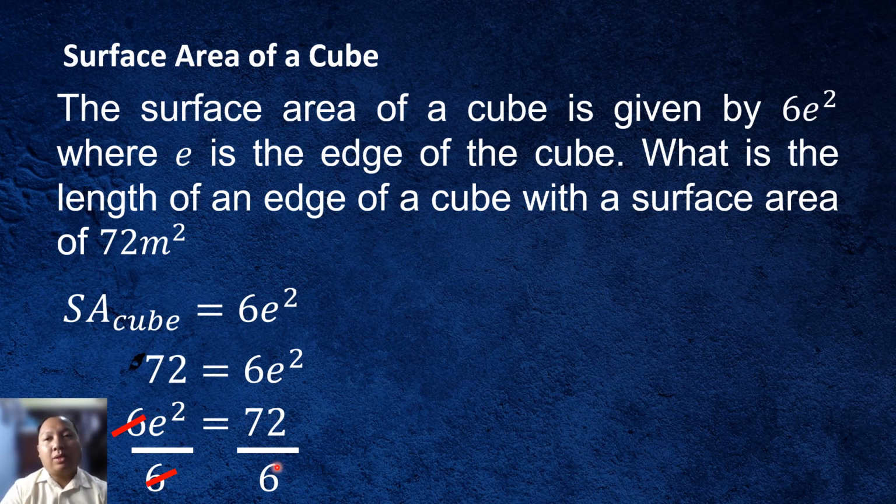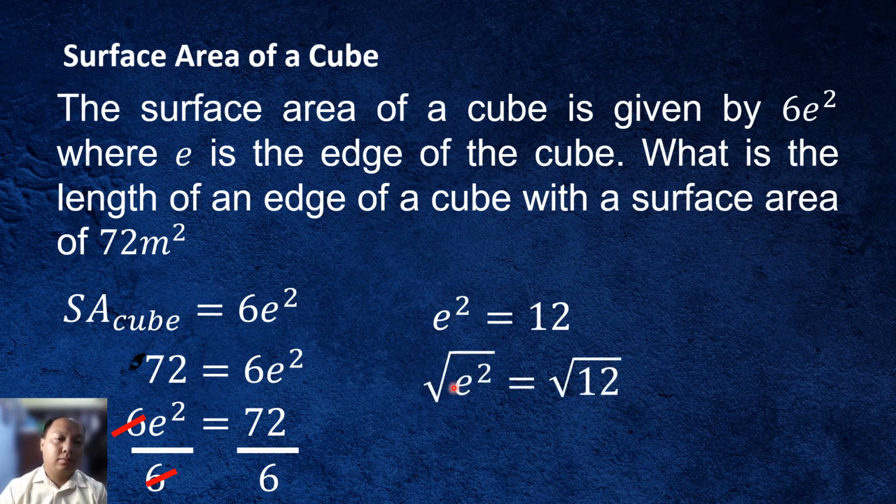Ano ba yung 72 divided by 6? It is 12. So, e squared is equal to 12. Now, para masolve yung e, kailangan nating tanggalin si square. So, ang kabaliktaran ng square ay square root. So, square root both sides. Square root of e squared equals square root of 12. So, cancel si square root at square. So, we have e is equal to square root of 12.